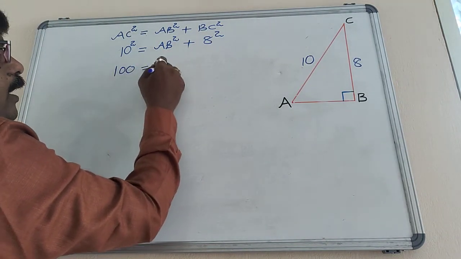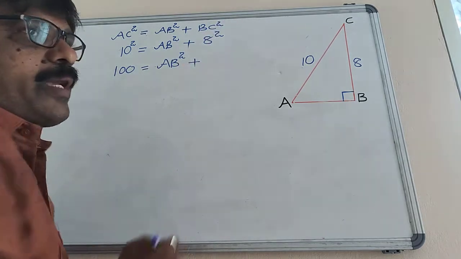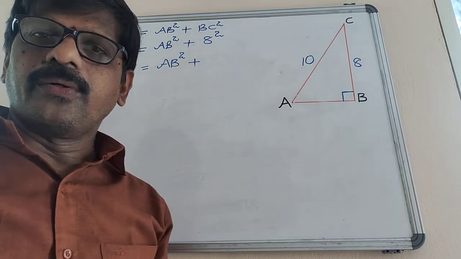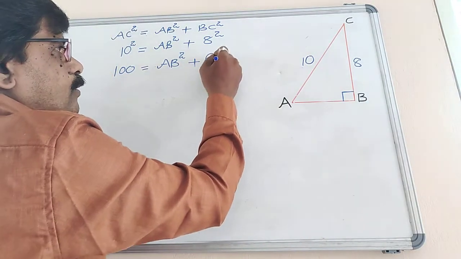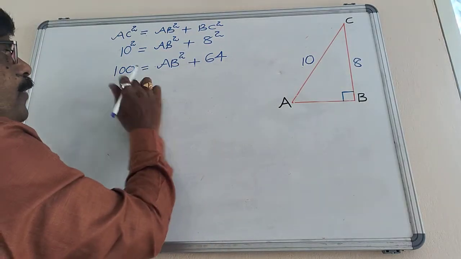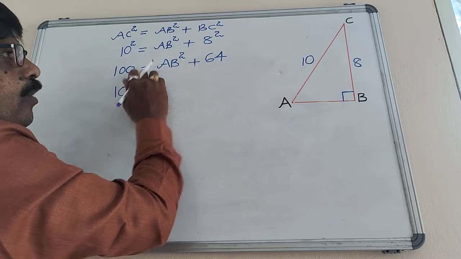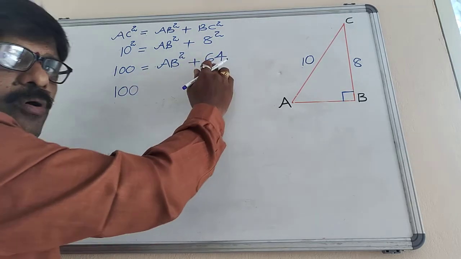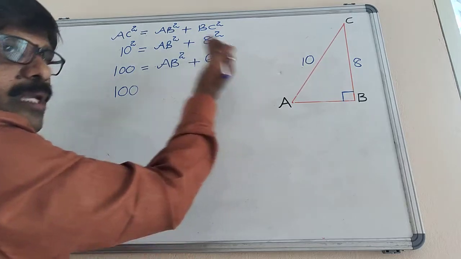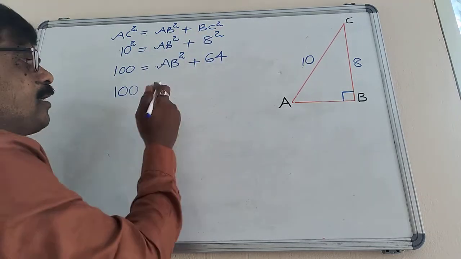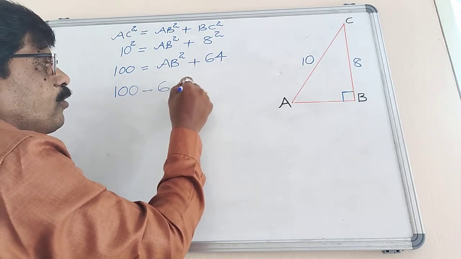That equals AB square plus 8 square, and 8 square is 8 into 8, which is 64. Now the constant term 64 on the right hand side, plus 64 transposes to LHS and becomes minus 64.